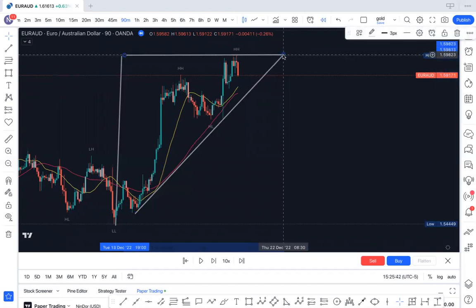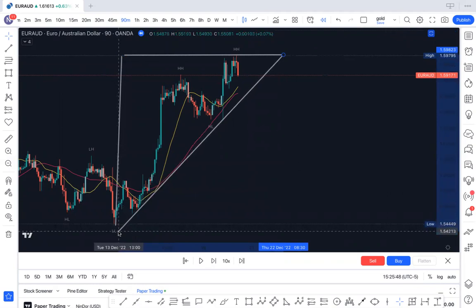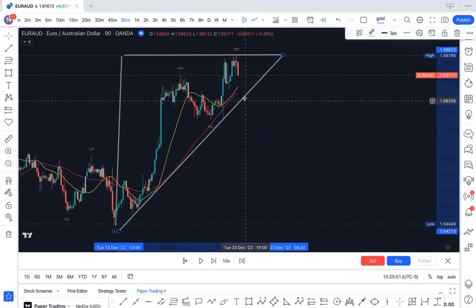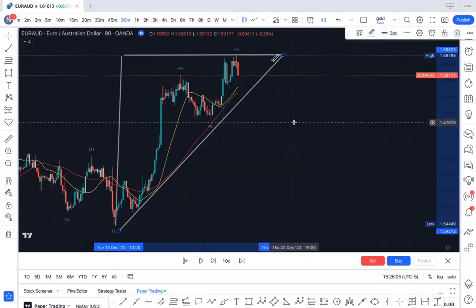All right, nice. Oh, let me connect this down here at the bottom. Apologies. All right, cool. So what I want to do next is label this particular trend line, this hypotenuse, as my 90-minute triangle. What I do is I just put in 90, or 90 M for minutes.